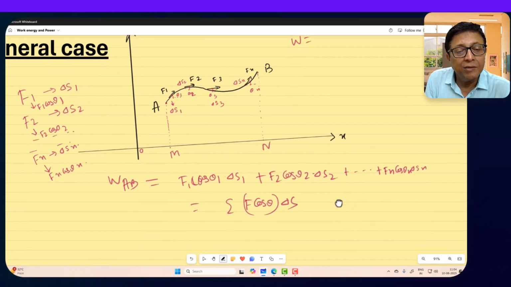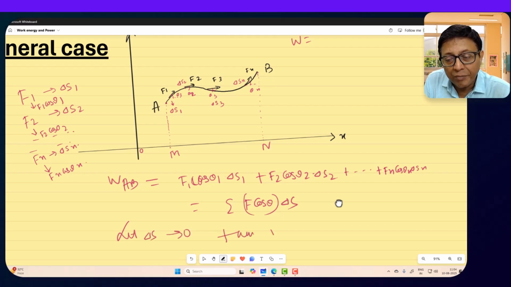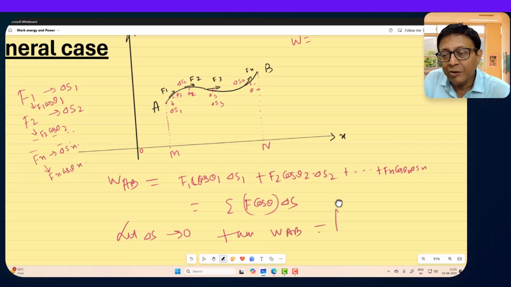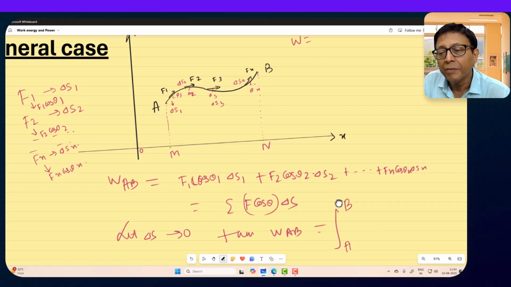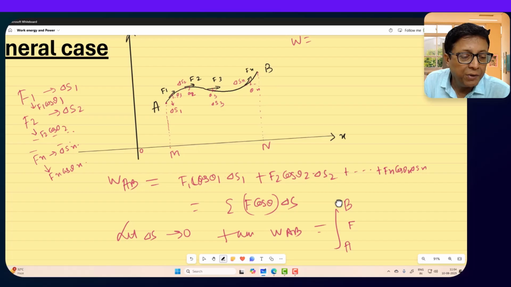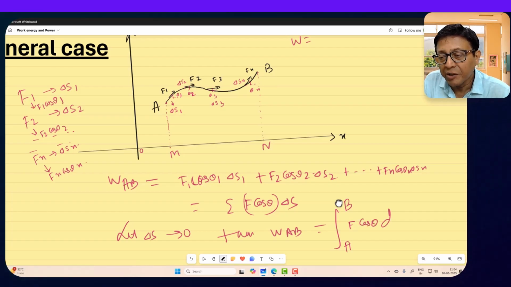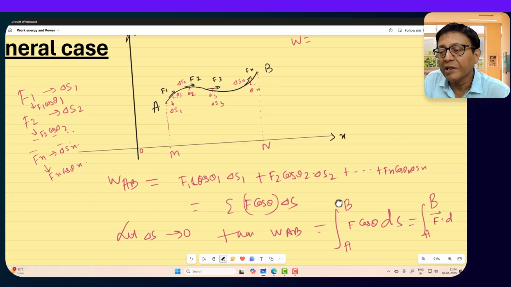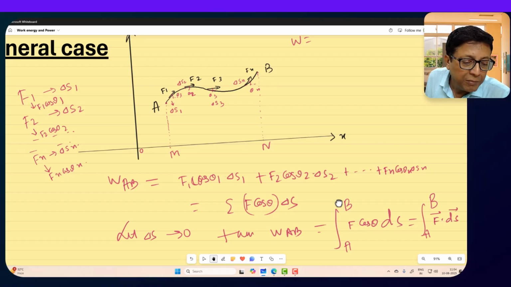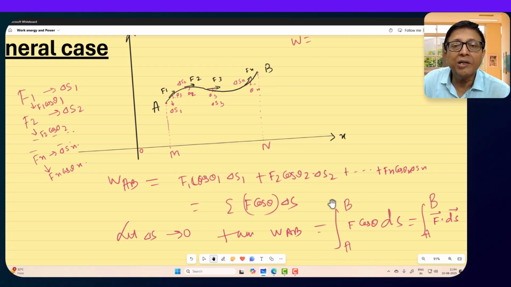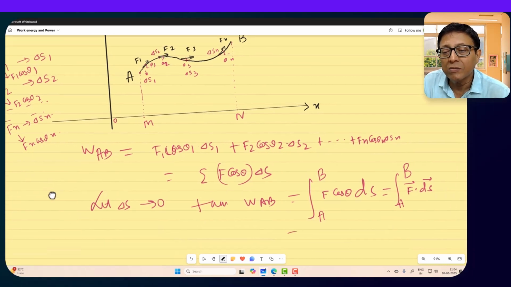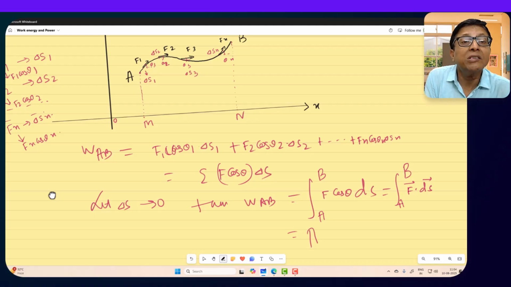Again, if you imagine delta S tending to 0, then W A to B will be what? Integration A to B F cos theta into ds. This is A to B F dot ds. Okay, and this is equal to area bounded by the curve, because the same concept.